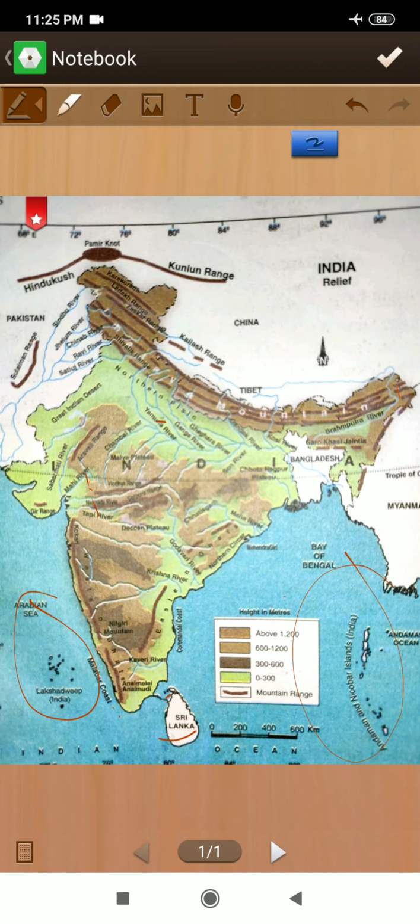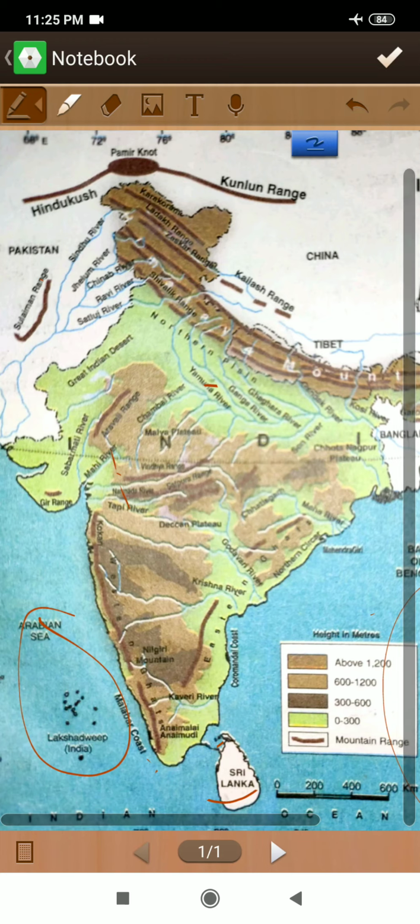There are many smaller islands in Lakshadweep, and these are located at some distance from Kerala. Here you can see it is not far away from Kerala. These are groups of small islands, known as the Lakshadweep Islands, and they are not very far from the Kerala coast.